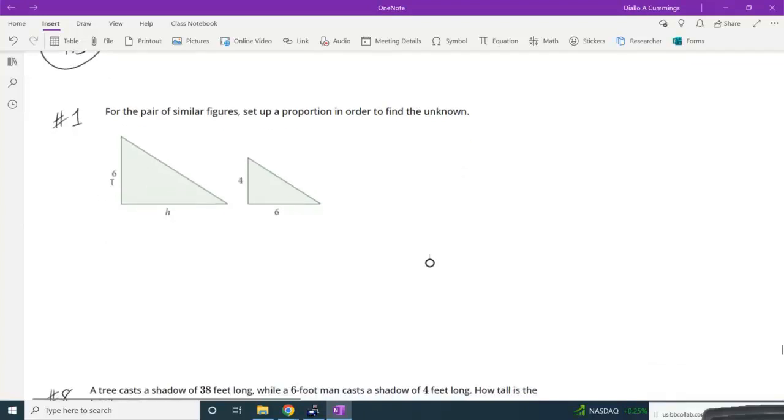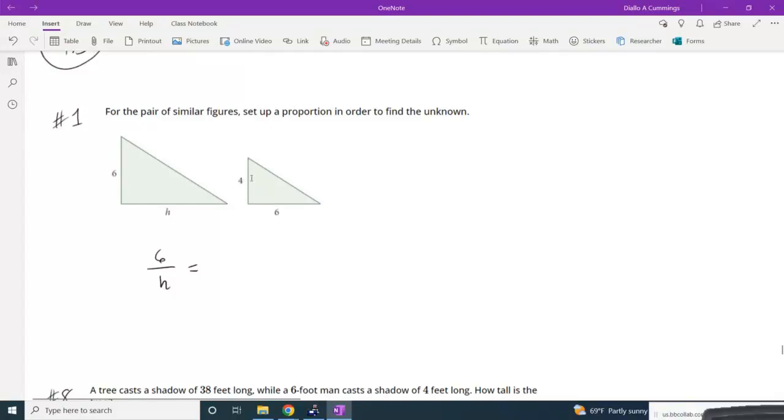So I'm going to set up my first proportion with this first triangle. The leg 6 is to the leg H, right? So I'm putting this leg over this leg. So on my second triangle, I want to find those corresponding sides.